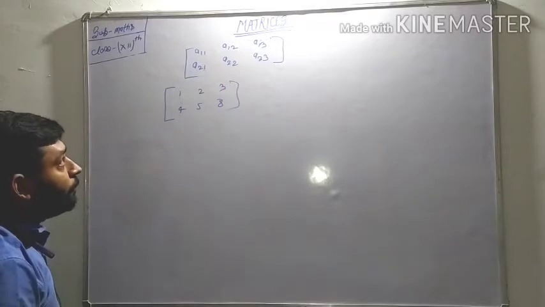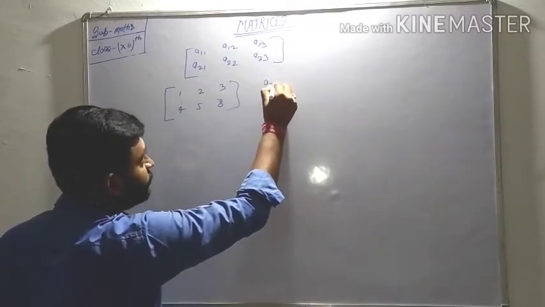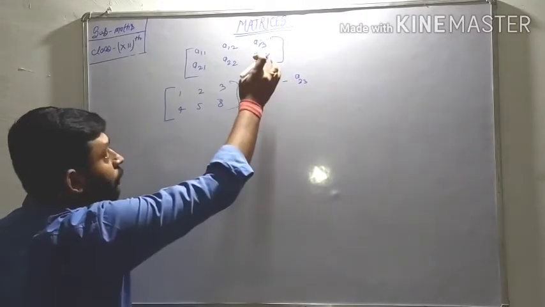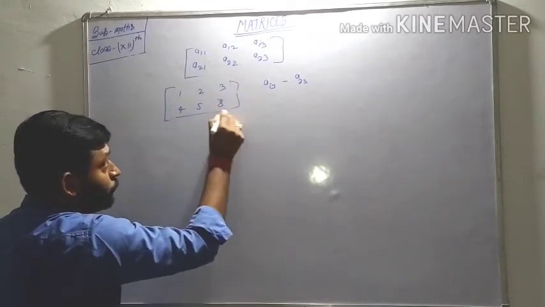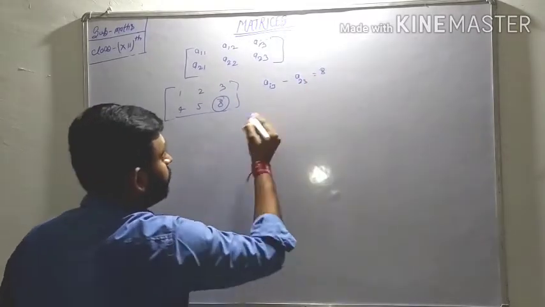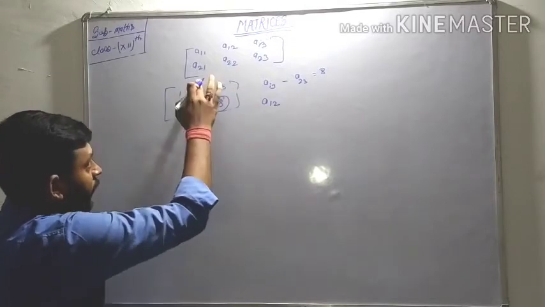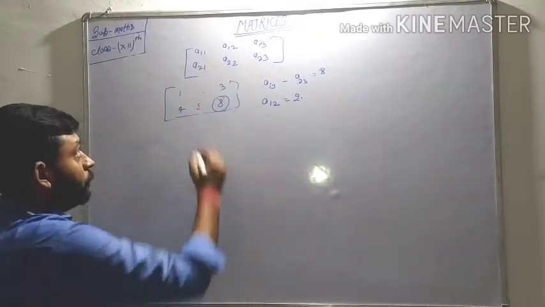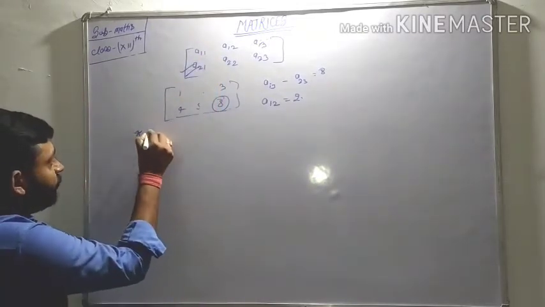Now we have to write the element A23, that means A_ij. A23 means row number 2 and column 3, that is 8. Now A12, row number 1 and column 2, that is equal to 2.